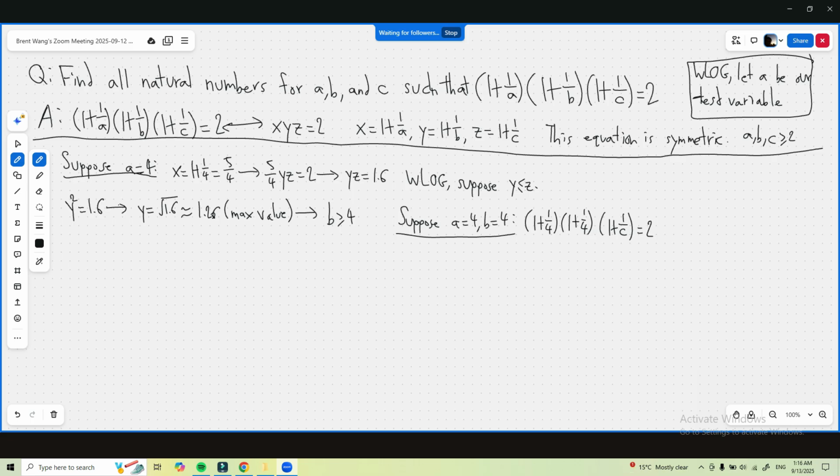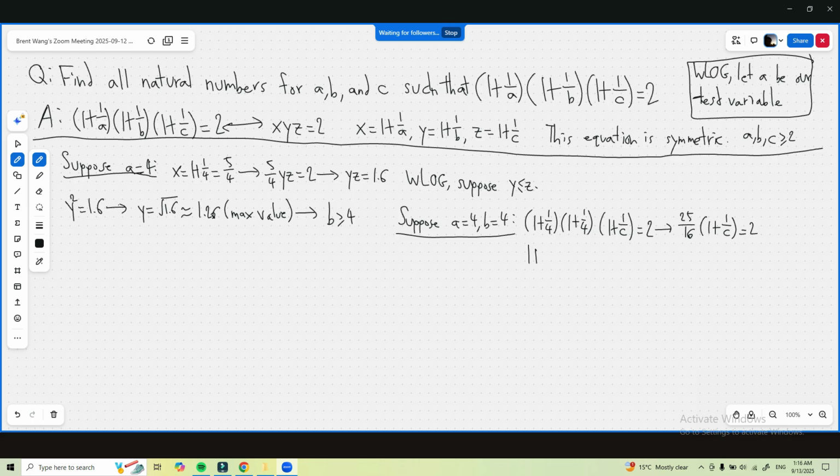So 5 over 4 squared is 25 over 16. Times both sides by 16 over 25.